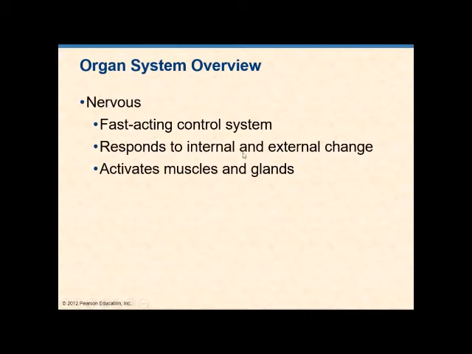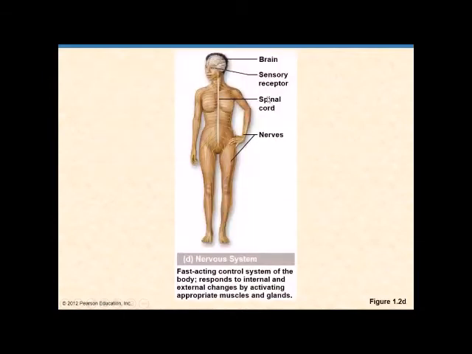It responds to internal and external changes, so changes in temperature, changes in activity levels. So it can activate muscles. It also activates glands. So for us to have long-term actions happen, our glands are actually activated by our nervous system.